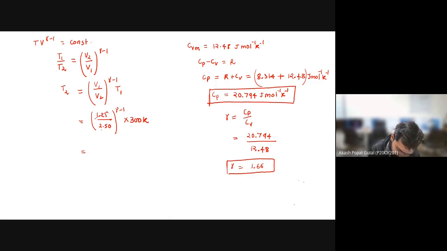2 times 1.25 is 250. It will be 1 by 2, which is nothing but 0.5, and gamma minus 1 is 1.66 minus 1, into 300. This will be 0.5 into 0.66 into 300.